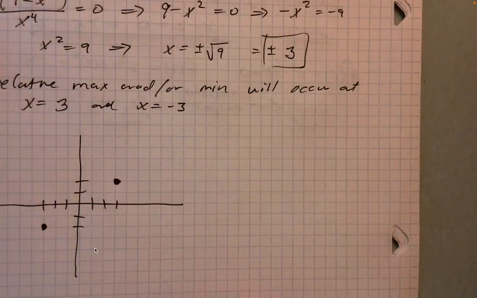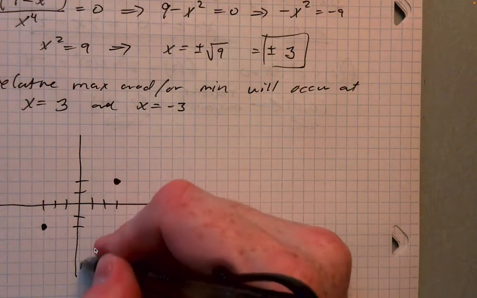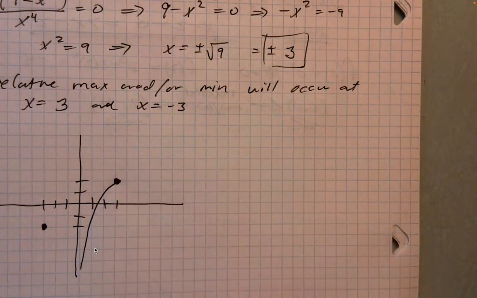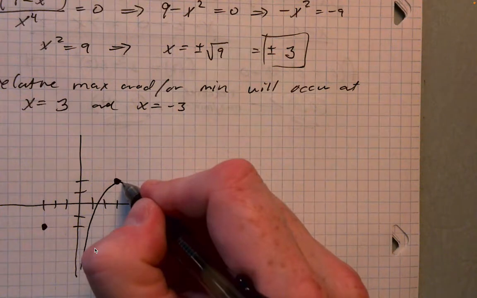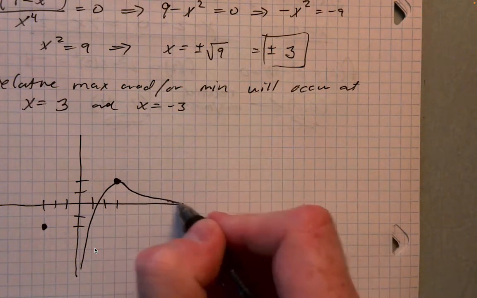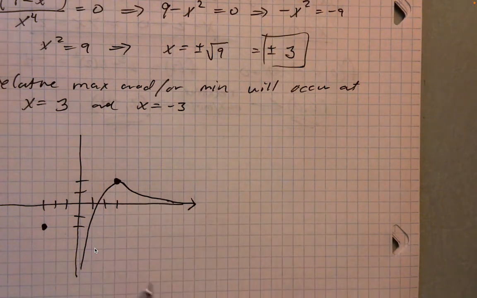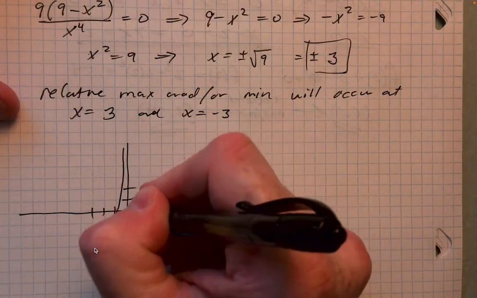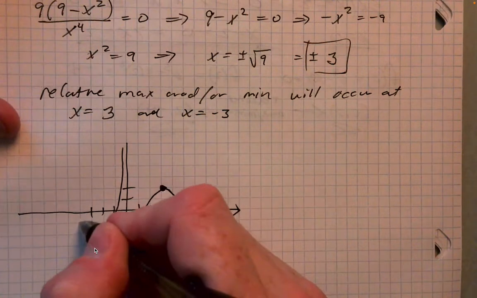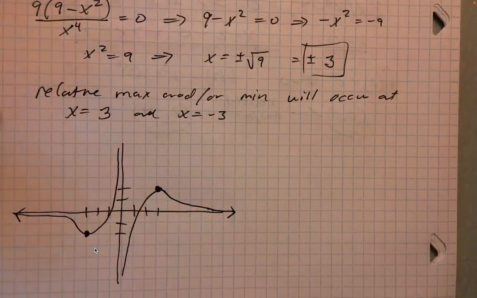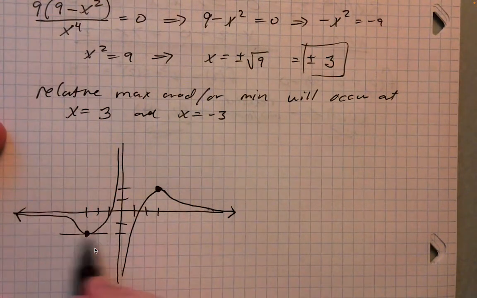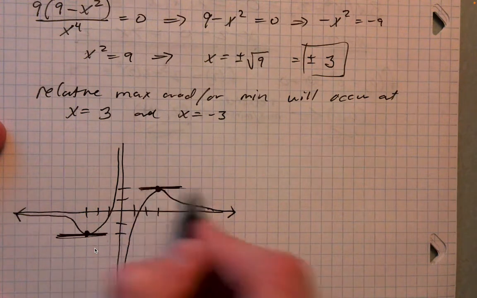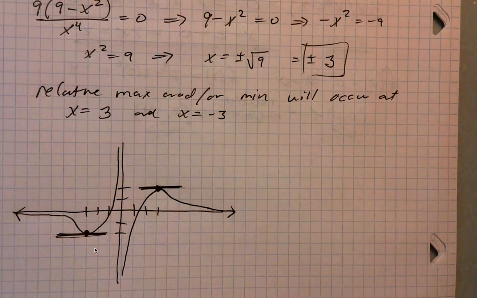So the function comes up like this, hits a maximum value here, pulls back a little bit, and heads off. We'll just say it does that. It's not important what it does too far out there. And similarly here, it comes down, hits a minimum, comes up, and heads off that direction, right? So you do indeed have a relative max and relative min at these 2 points.